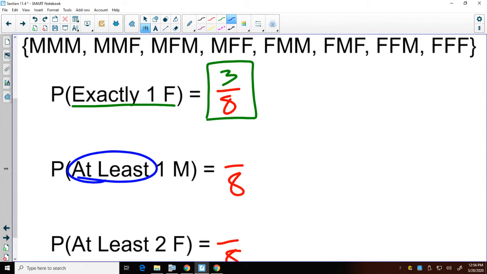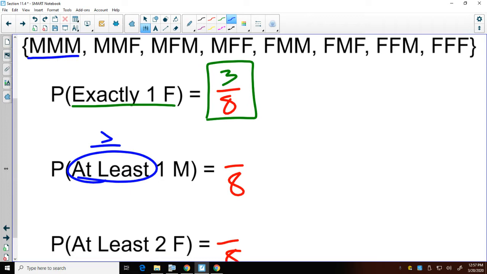So you need to look at all those possible cases. Where is it that I have 1 male, 2 males, 3 males? Because that's what at least means. The lowest number of males you can have is 1 or more than that. That's at least. Okay? Or another way to think about it, greater than or equal to 1. Okay? That's what at least means. It's greater than or equal to.